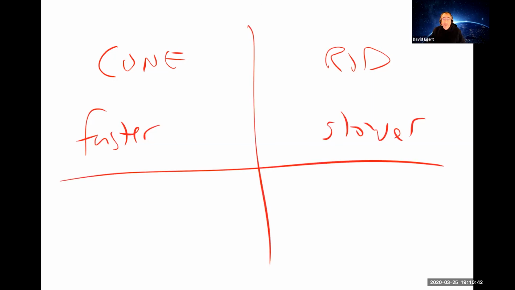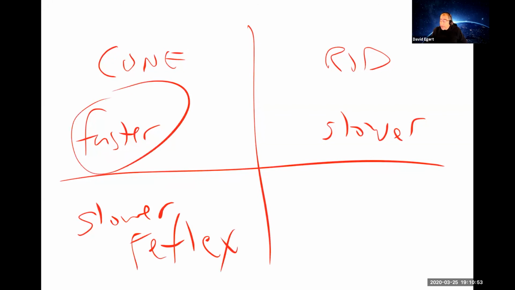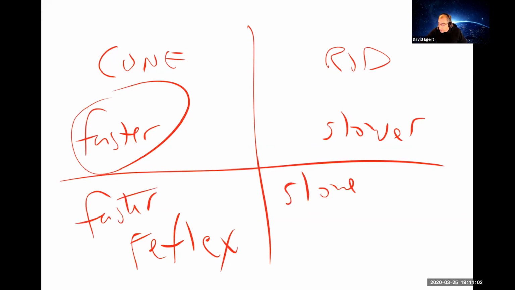If you're in dimmer light, any kind of visual reflex is just going to be slower. Excuse me, in brighter light, faster reflexes. So just as you move on in life, be aware that in dim light, your reflexes are going to be slower than they would have been otherwise. So it's kind of cool.